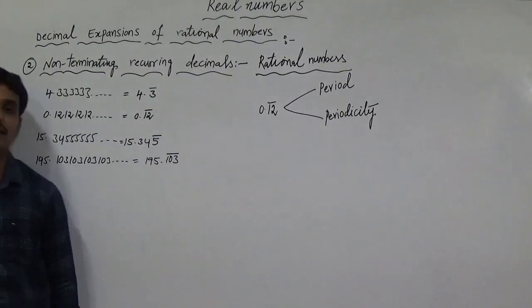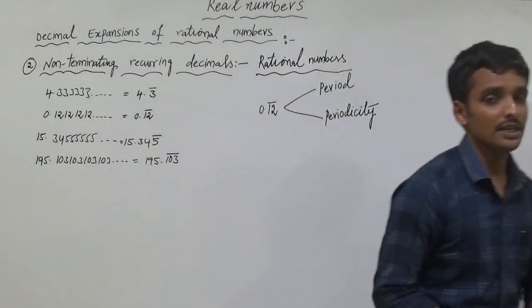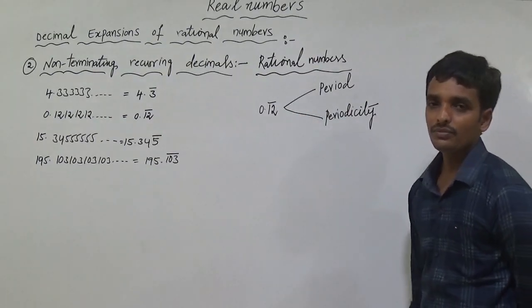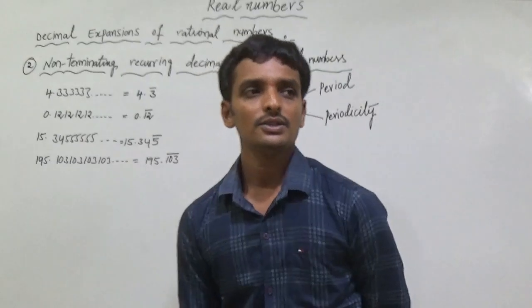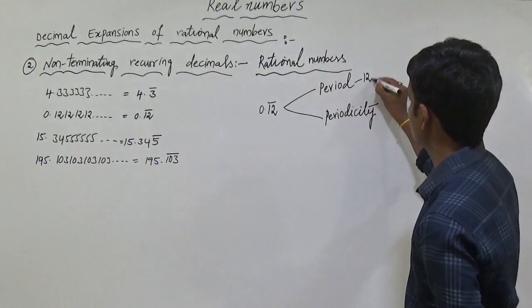Those are period and periodicity. Period means the number, the digits, which are under the bar. So here the period is 12.